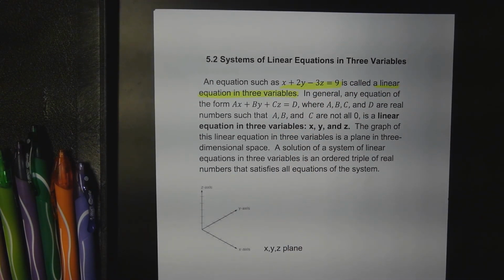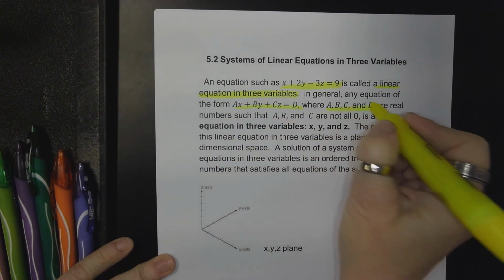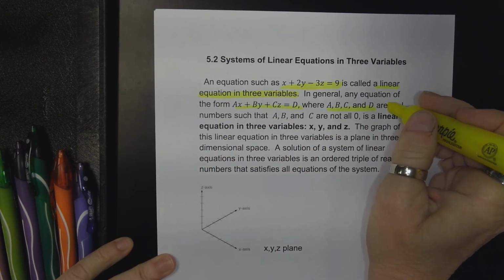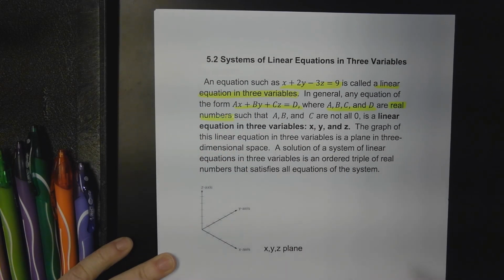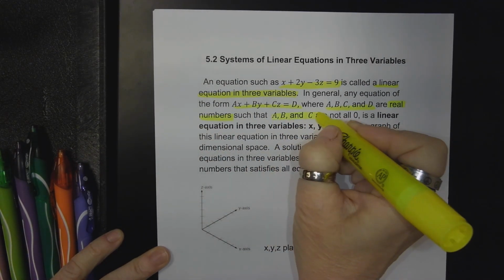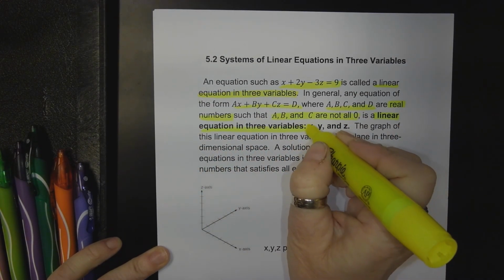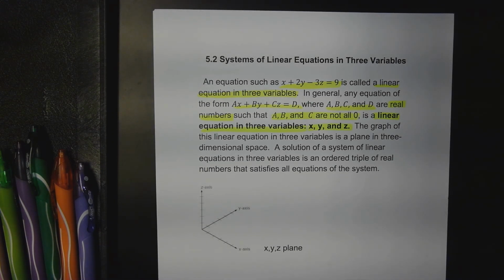In general, an equation of the form ax plus by plus cz equals d, for a, b, c, and d real numbers, that's important, right? Always real numbers, not imaginary, such that a, b, and c are not all 0, is a linear equation in 3 variables. Those variables are x, y, and z.